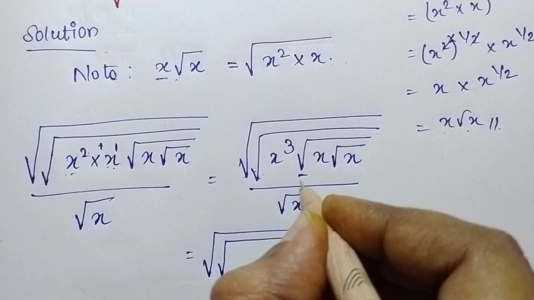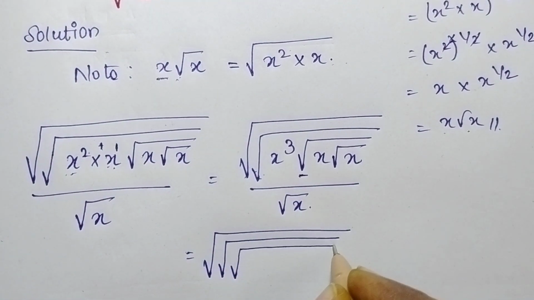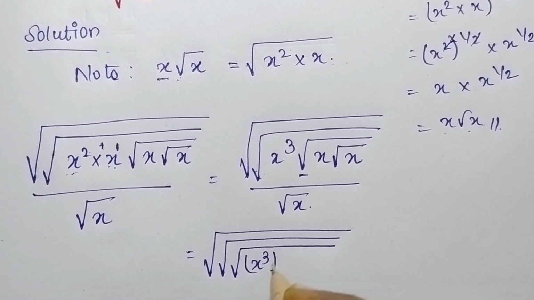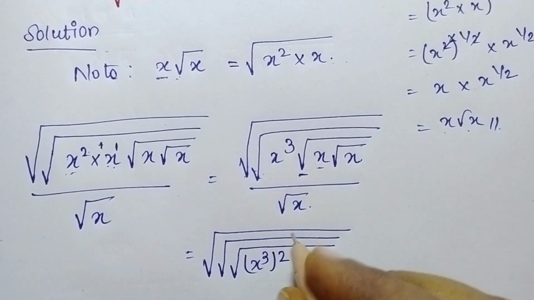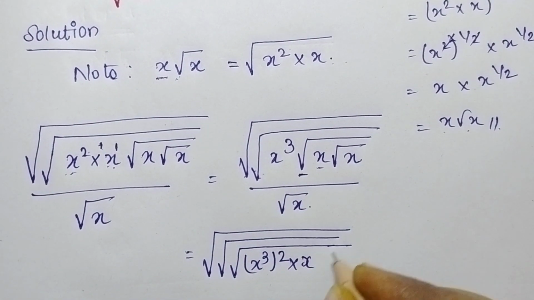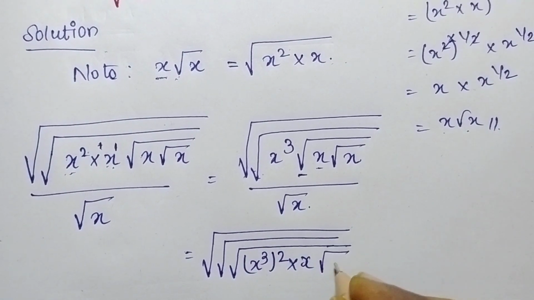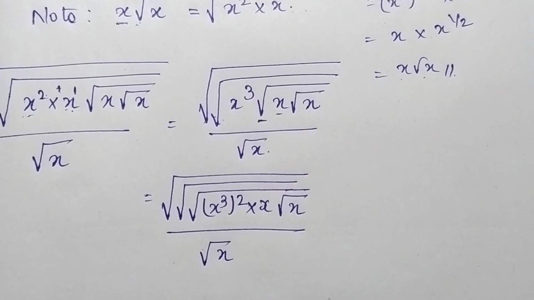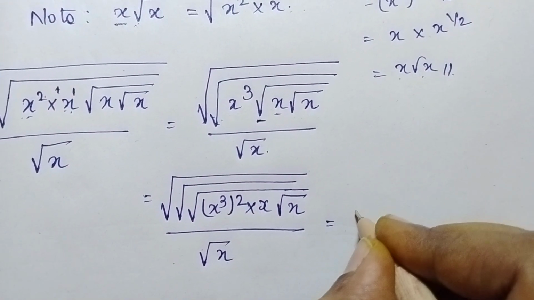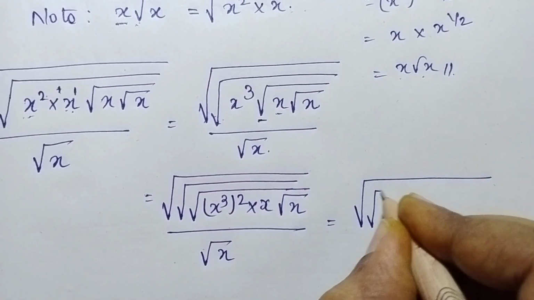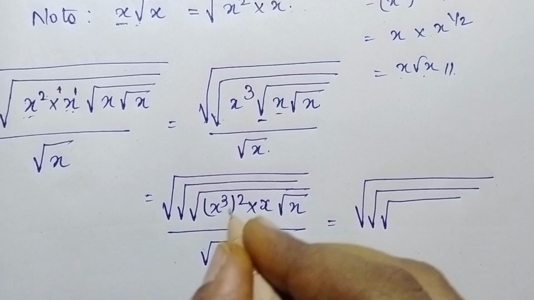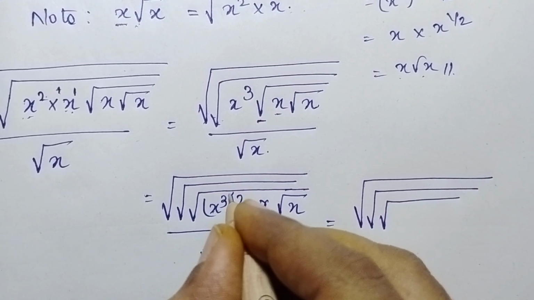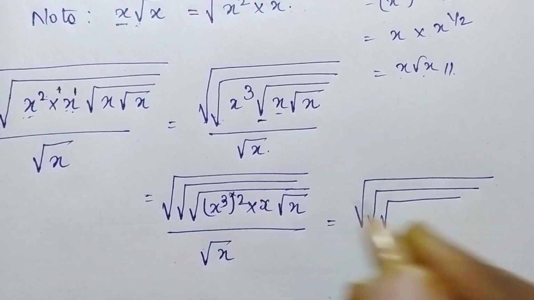Now I am going to shift this root commonly. This gets squared into this x into this root x divided by root x. Now this is equal to 3 roots, x cube the whole square, which can also be written as both get multiplied: 3 into 2 is 6.